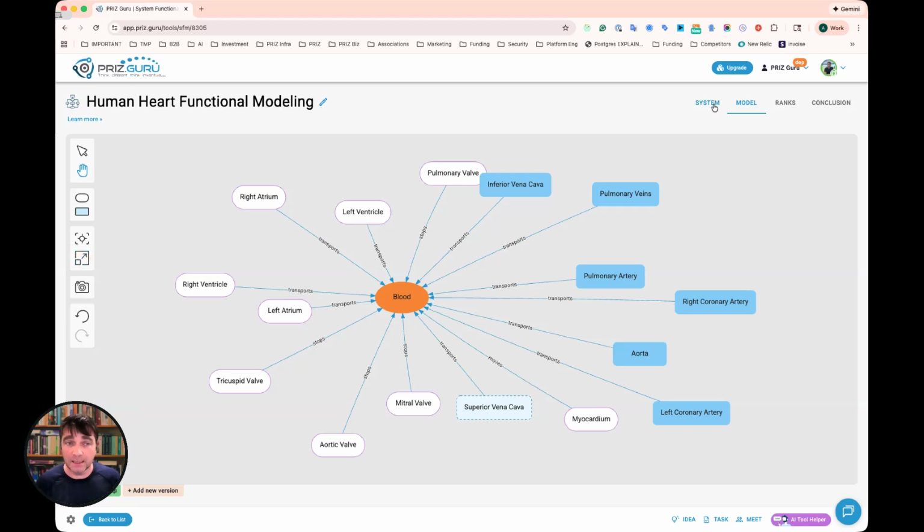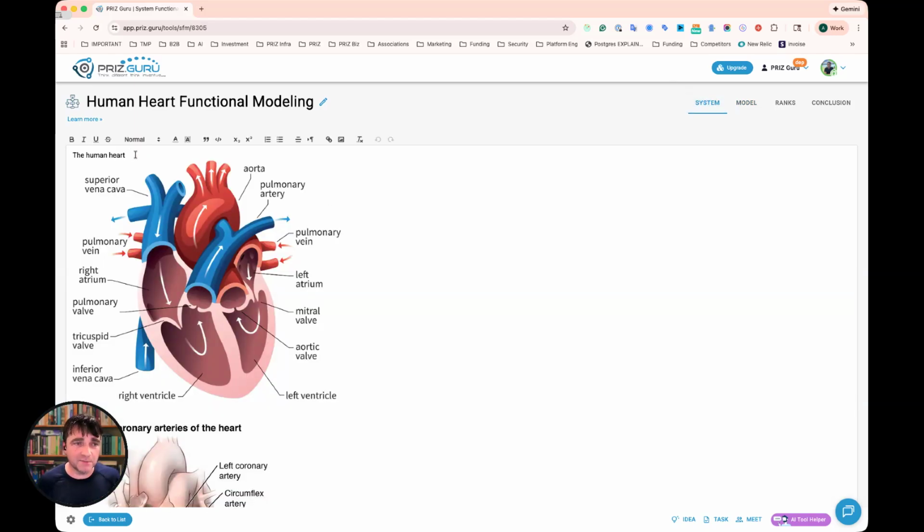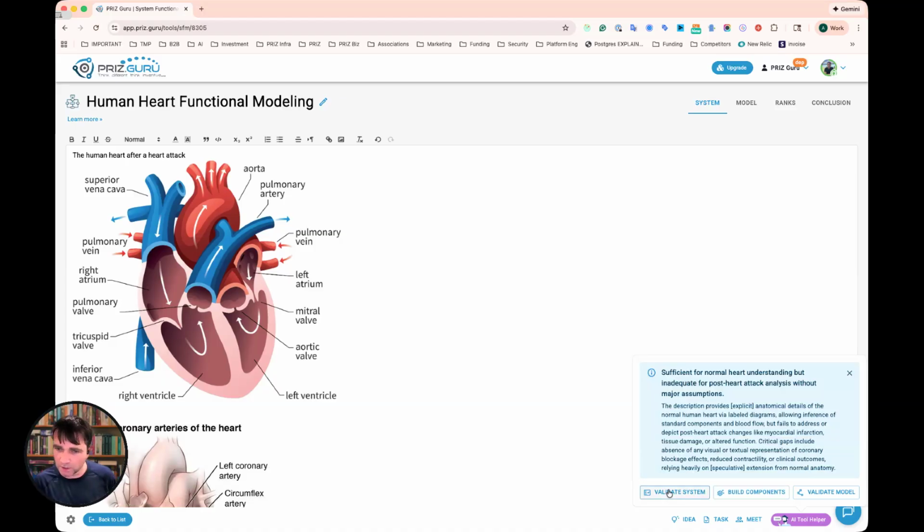Okay. Now the interesting part: we can say, you know what? It's not just a human heart. It's a human heart after a heart attack. Now that's where it gets interesting. First of all, the validation will say, heart attack, but which one? What was damaged? What type of heart attack?